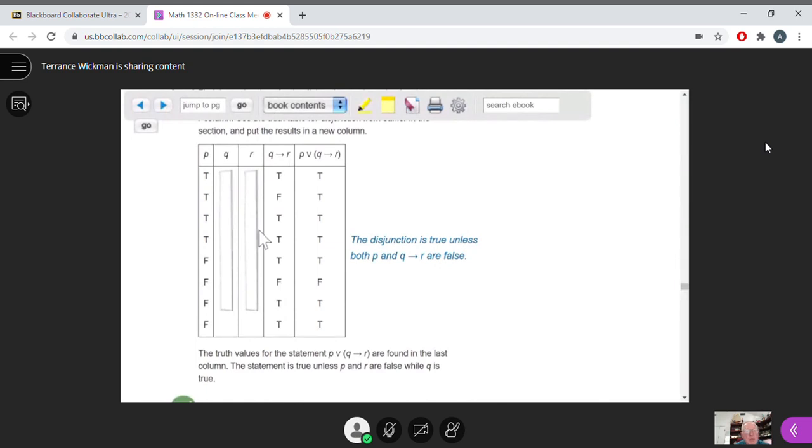And what are we comparing them to? P, first column, and then the fourth column. So if you can see my arc, can you guys see me point here? Yes, we can. Okay, so look, I'm pointing in the P column as T. In the Q, then R column is T. It's always going to be true. If just one of those in any of those columns is true, unless they're both false, then it's false.